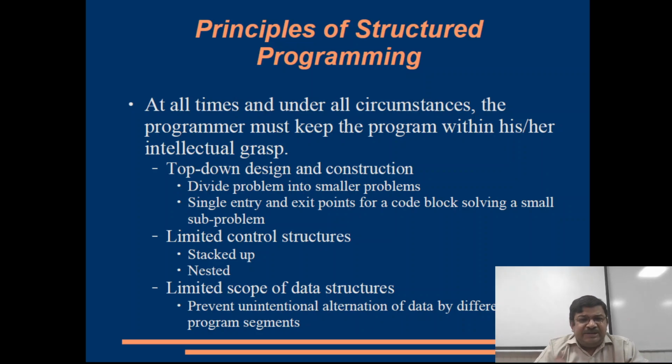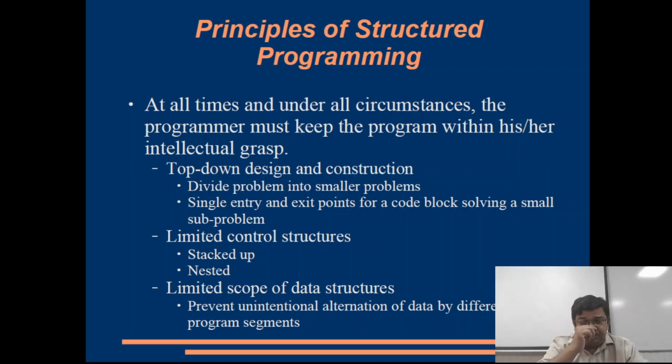So that is essentially what I've mentioned here: divide the problem into smaller problems, individual action points, what needs to be done to solve a problem, right? So identify those actions, and then have single entry and exit points to a function. There are certain inputs and there are certain outputs. Nobody can jump in in between.